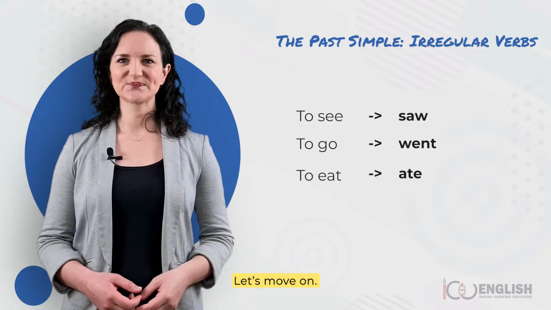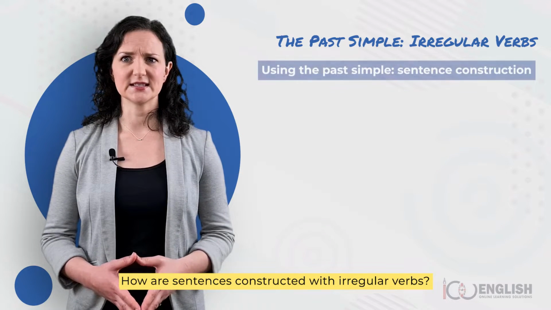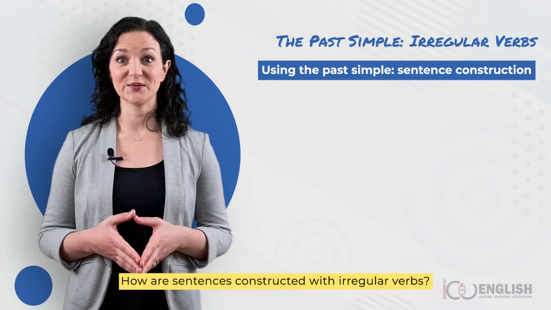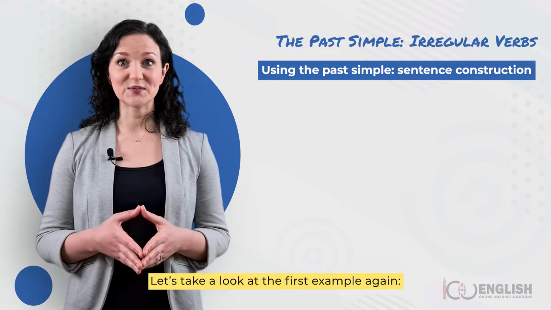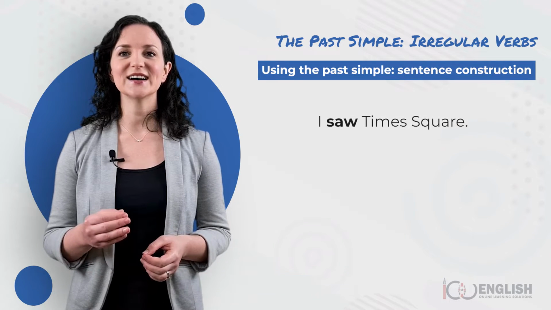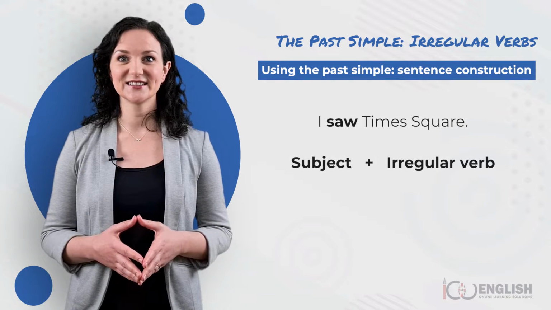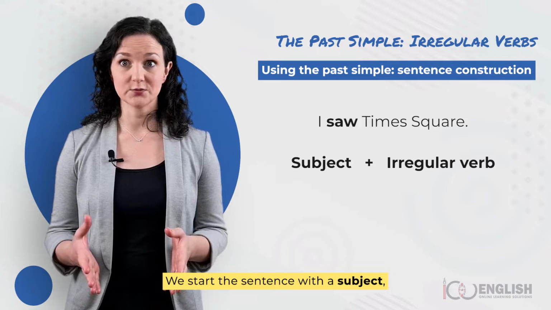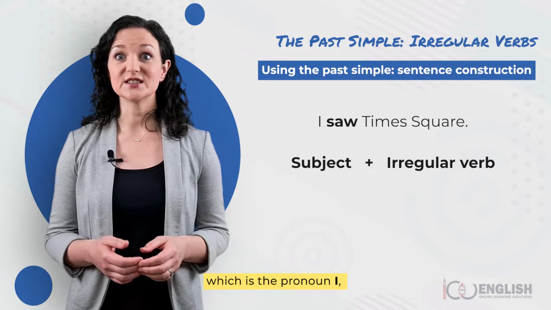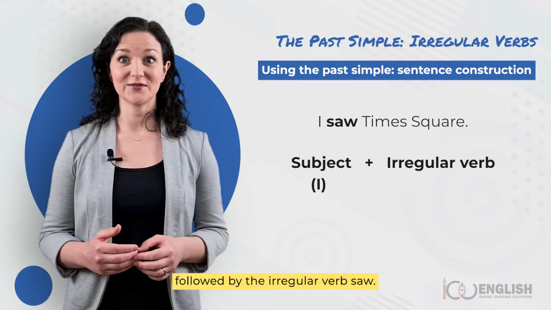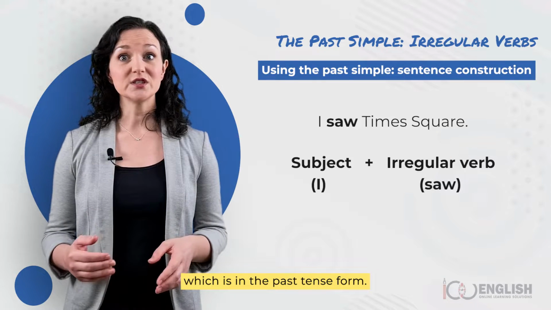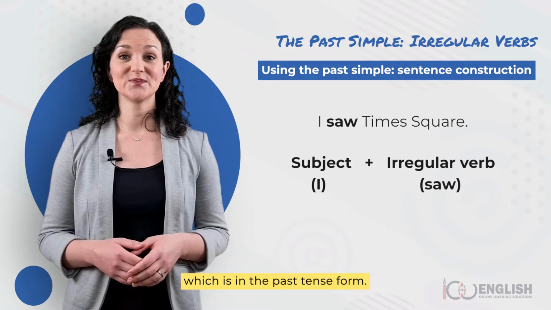Let's move on. How are sentences constructed with irregular verbs? Let's take a look at the first example again. I saw Times Square. We start the sentence with a subject, which is the pronoun I, followed by the irregular verb saw, which is in the past tense form.